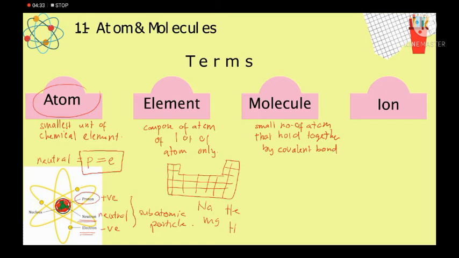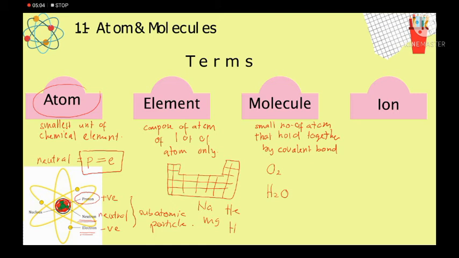It can be the same type of atom mixed together or different types of atoms mixed together. For example, O2 is an example of a molecule made up of the same type of atom. Sometimes we have H2O, which is made up of two different types of atom. These two things we call molecules.